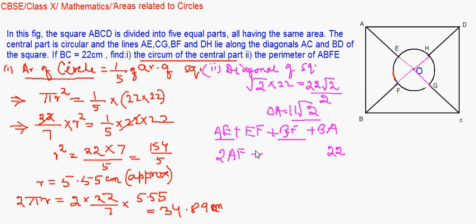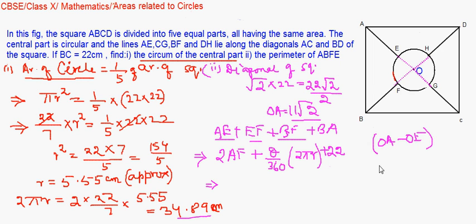And what is EF? EF is actually part of the circumference. So it is theta by 360 into 2 pi r. The circumference is 34.89. I'll replace it there. Now AE and BF are equal, and that can be calculated as OA minus OE.